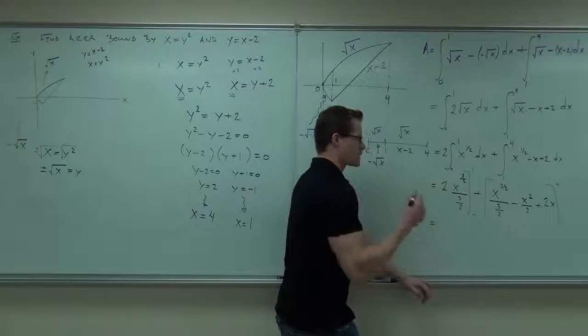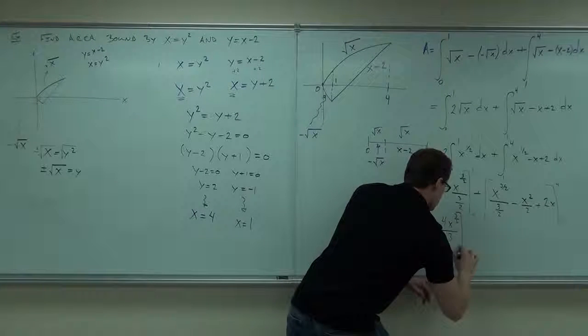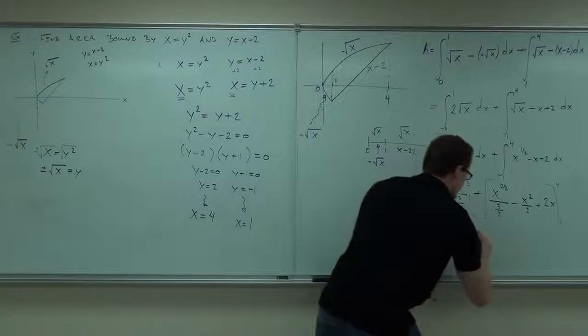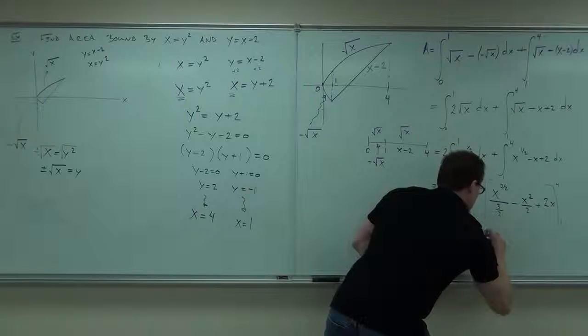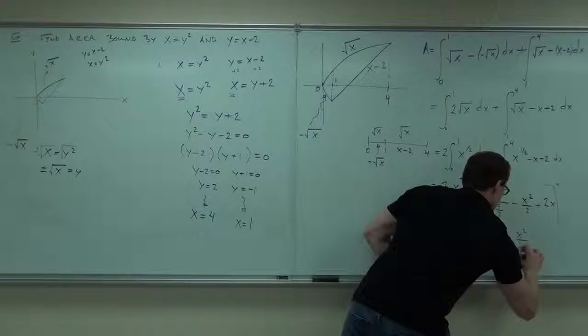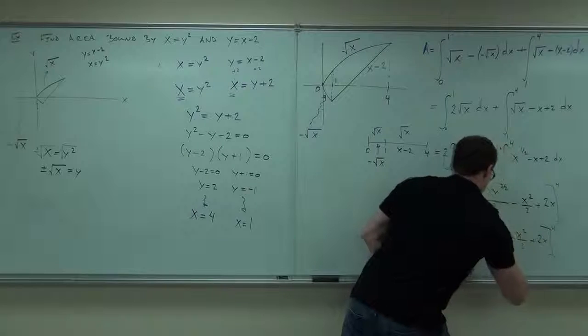That's going to be 4x to the 3/2 over 3. Now we're going from 0 to 1. Plus, this is going to be 2 x to the 3/2 over 3 minus x squared over 2 plus 2x from 1 to 4.